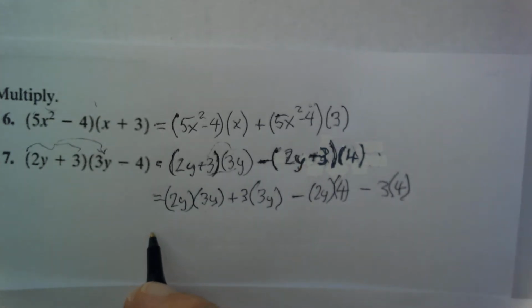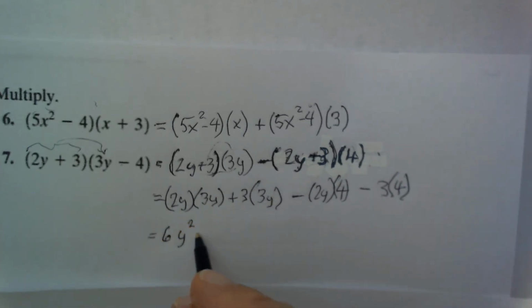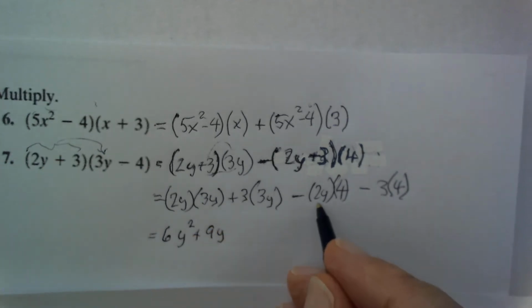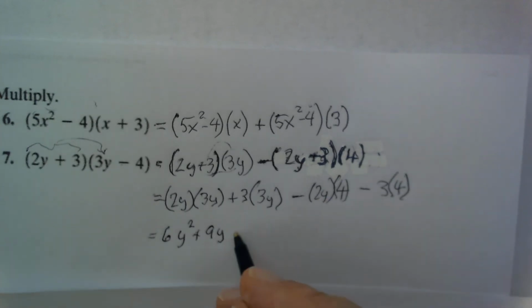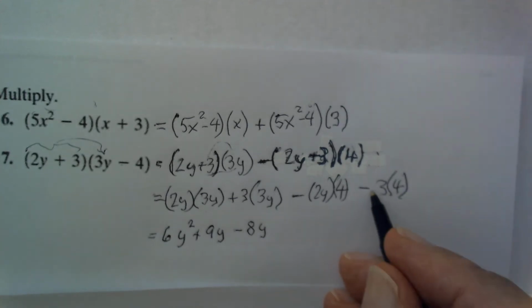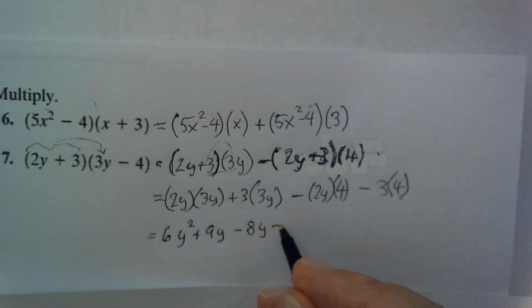So then we finally have 2 times 3 is 6y to the second power, and 3 times 3y is 9y, and 4 times 2y is 8y with a minus sign, so minus 8y, and then we have minus 3 times 4 is minus 12.